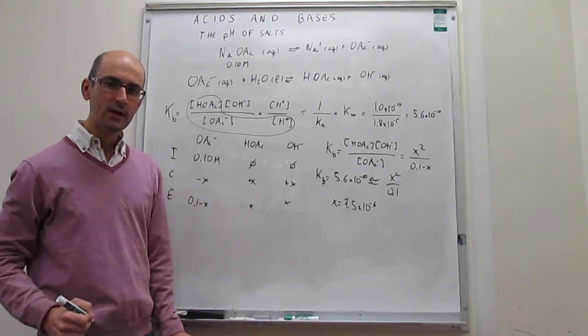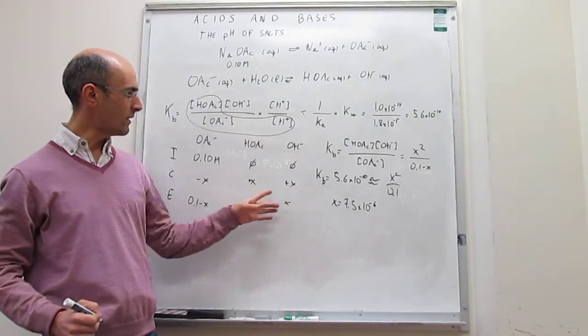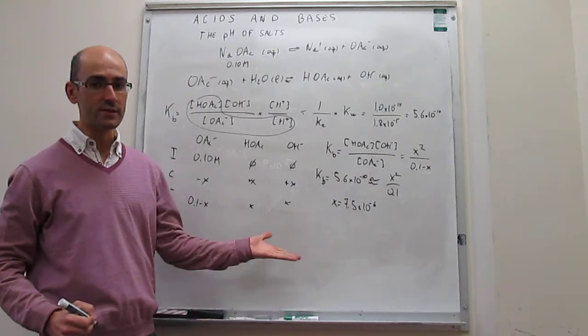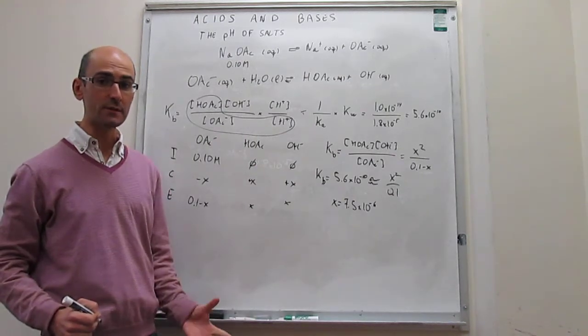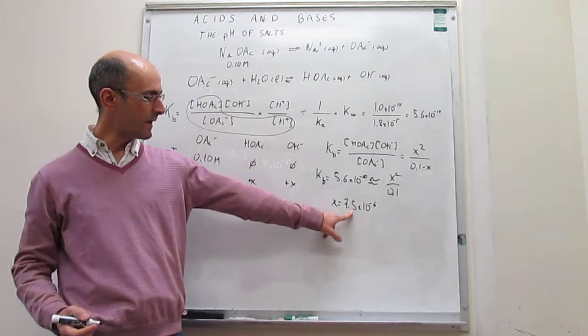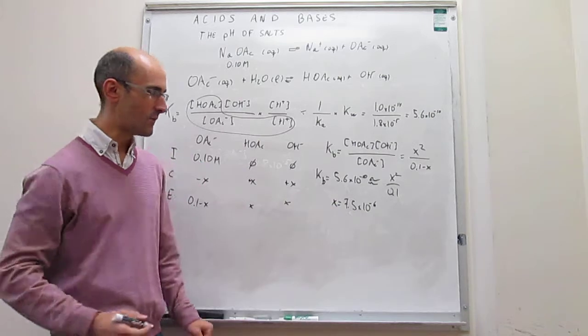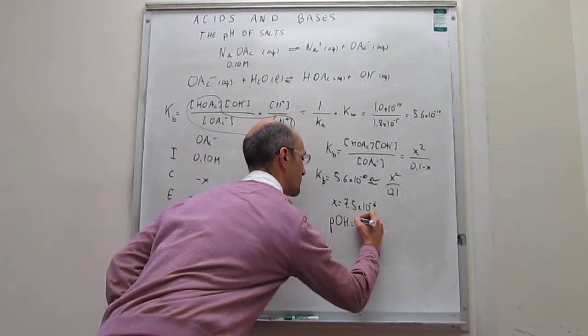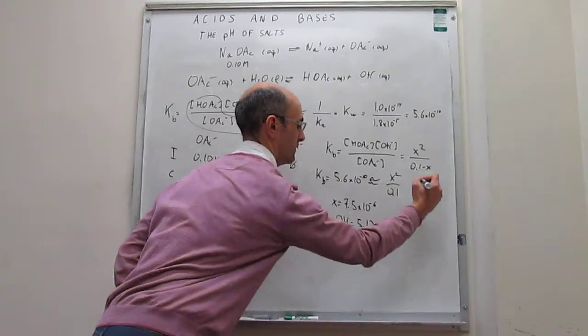Great, so we have calculated x from the ICE diagram, and that x is exactly the concentration of hydroxide. So we can right away calculate the pOH by taking the minus base 10 logarithm of that number, and when you do this, it happens to be equal to 5.12.